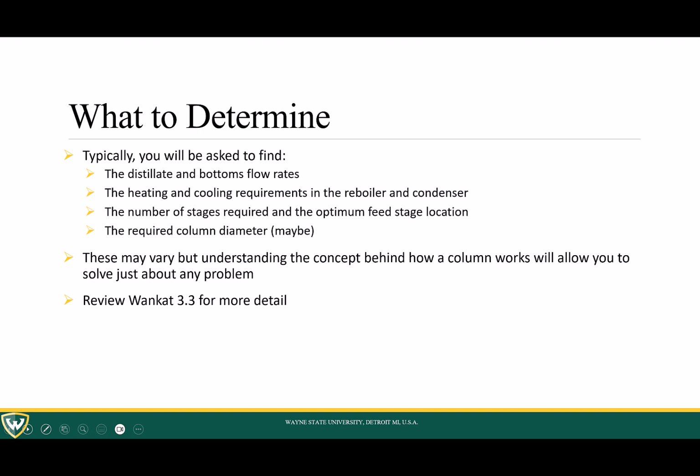Don't know if I'll be asking that. I probably won't, but just know that that's something that you would have to find after you figure out all these variables. These may vary, but understanding the concept behind how a column works will allow you to solve just about any problem. For review, you can look at section 3.3 in WinCat for more details.